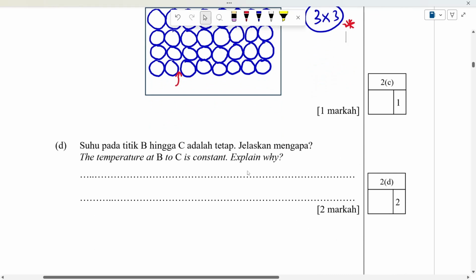The temperature B to C is constant. Why? Jerome.